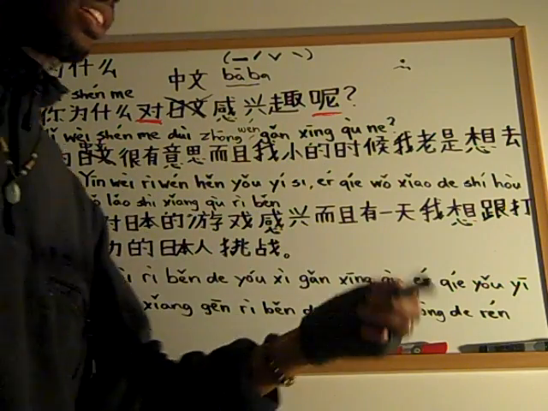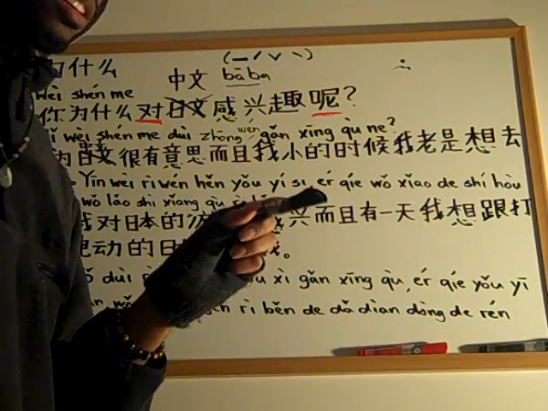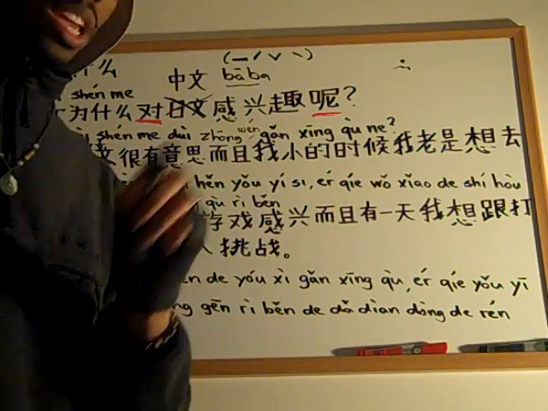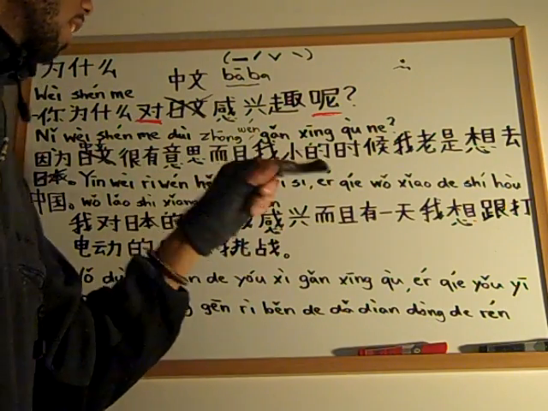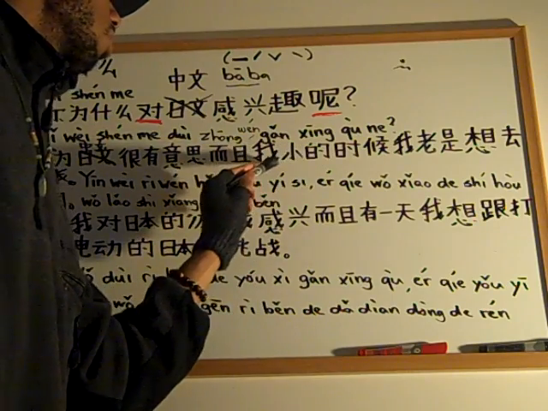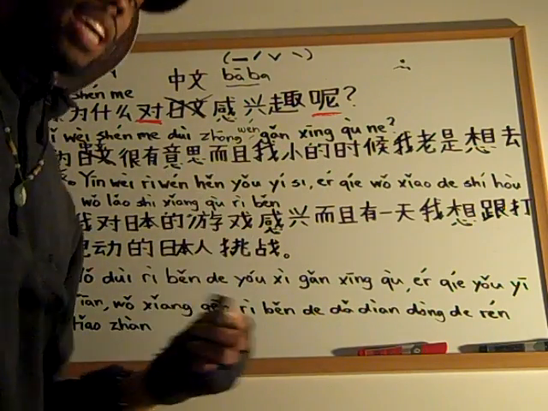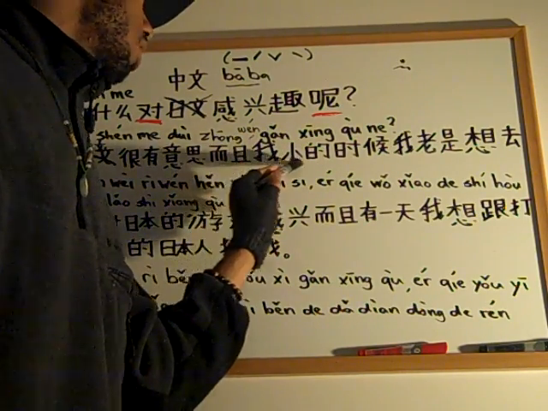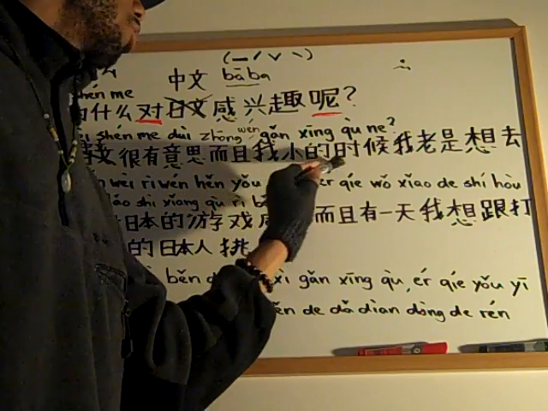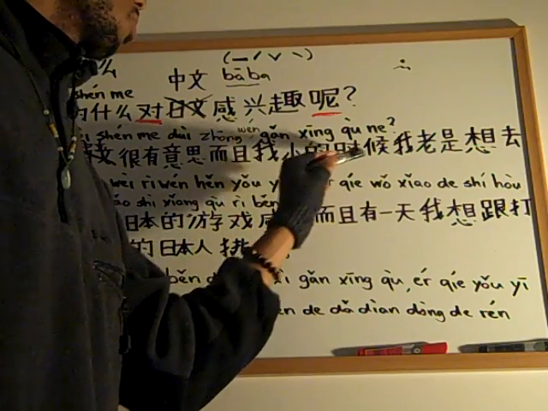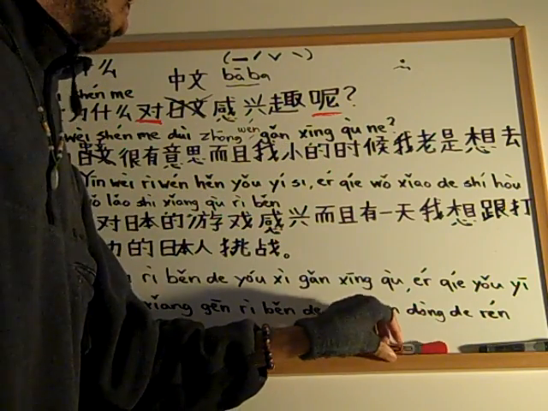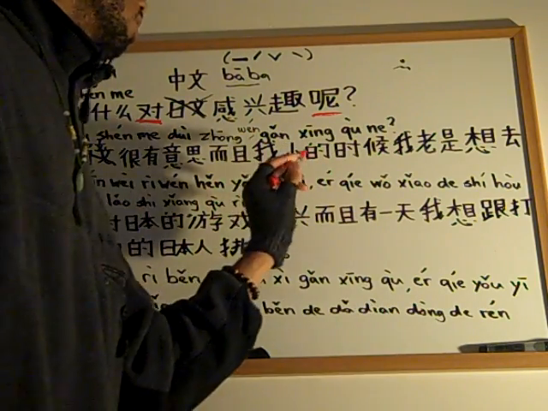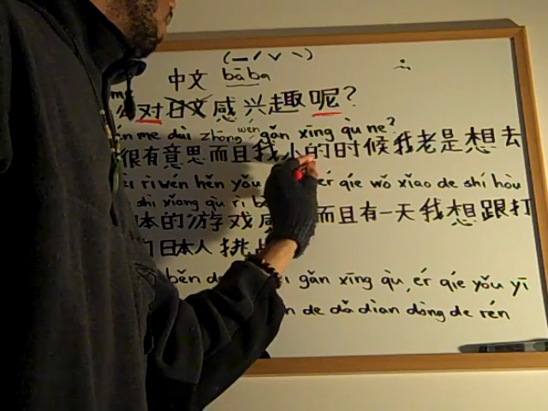When you want to say and, blah blah blah. Not like Chinese and Japanese. This is the other and. This is the conjunction and. So when you want to say when something, like 我小的时候, when I was small, you add 的时候. I'll give you another example using this 的时候.